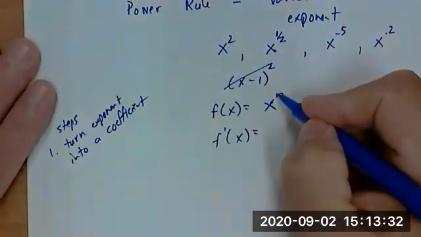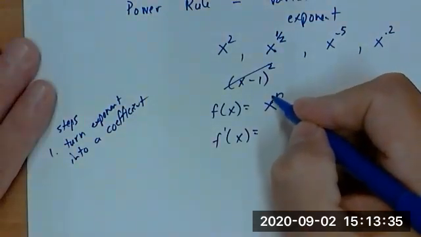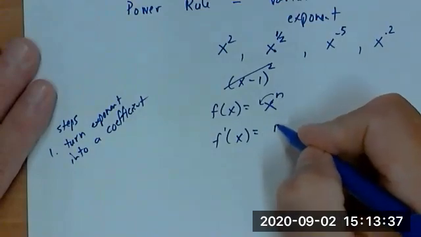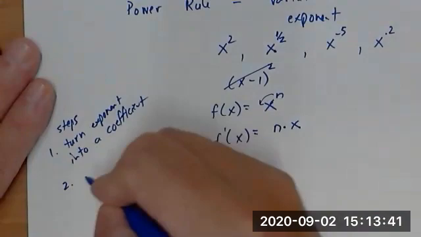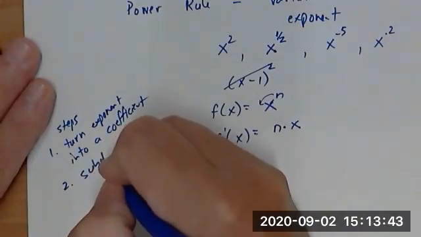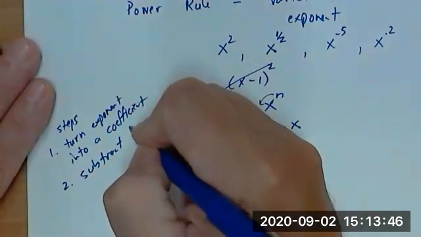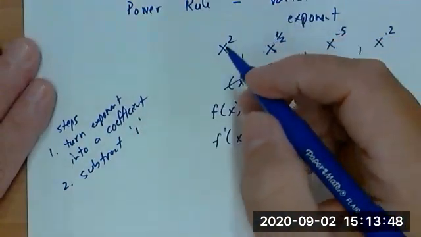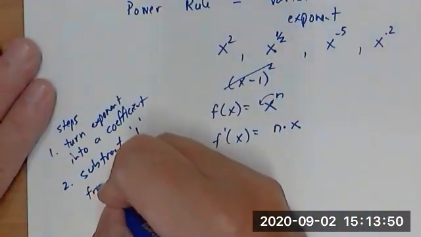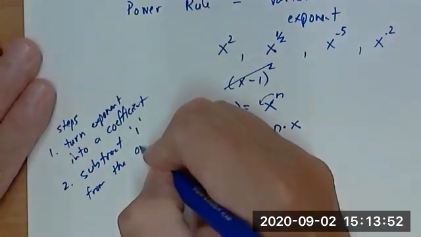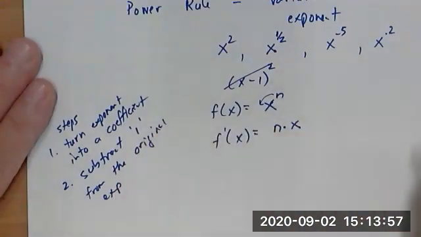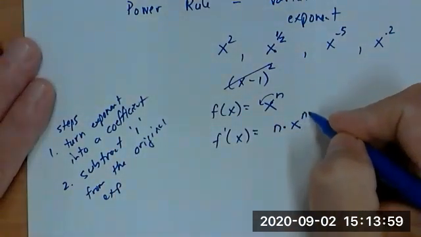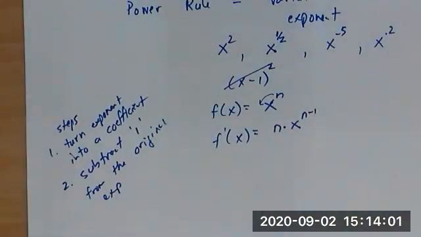By that I mean you take the exponent and it's almost like you move it down front. And then you subtract 1 from the original exponent. So we write it as n minus 1. So it's a pretty easy little pattern.